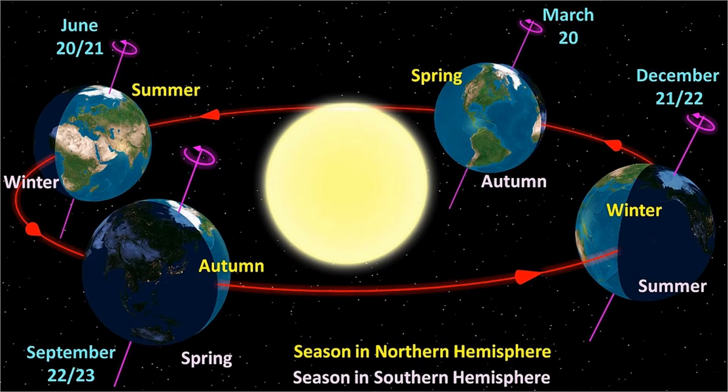Throughout the year, different parts of Earth receive the sun's most direct rays. So, when the North Pole tilts towards the sun, it's summer in the northern hemisphere, and when the South Pole tilts towards the sun, it's winter in the northern hemisphere.